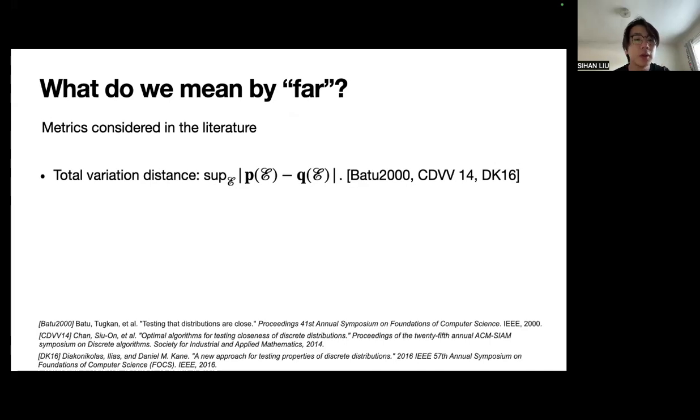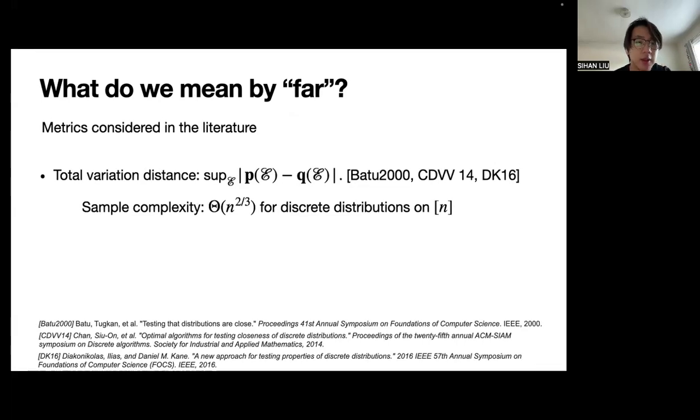A line of work has characterized the sample complexity of closeness testing under TV distance for discrete distributions. In particular, when the distributions are supported on a domain of size n, n to the power of 2/3 many samples are asymptotically sufficient and necessary for the problem.